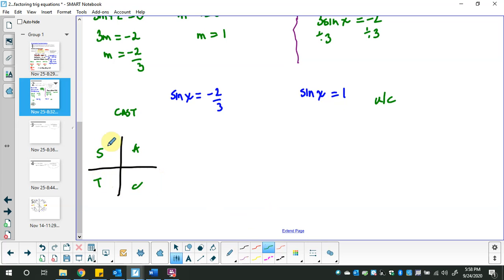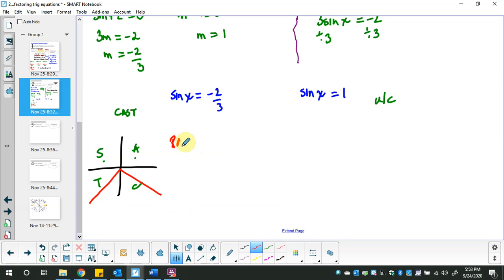Cos is positive, sine is positive, tan is positive, all are positive. And we're looking for sine having a negative answer. So not here and not here, because that's where it's positive. So I'm going to put my little stick here, and I'm going to put my little stick here. Now I do my RAA business.